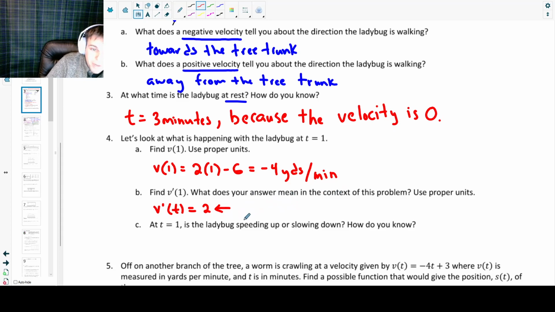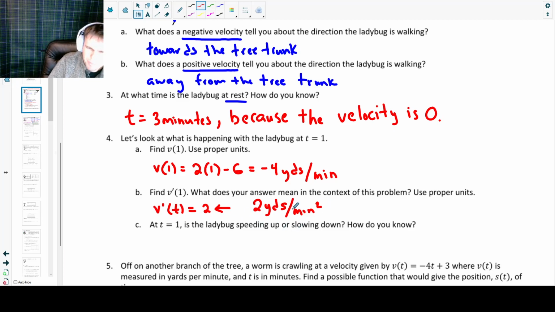What does this answer mean in the context of this problem? It means that the ladybug has a constant change in velocity, or a constant acceleration. So this acceleration is 2 yards per minute squared, or yards per minute per minute.